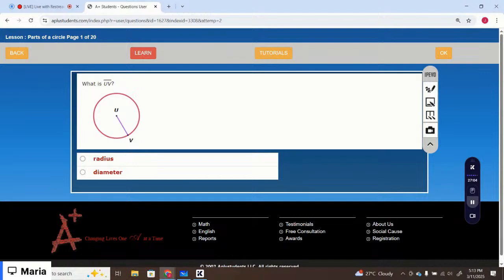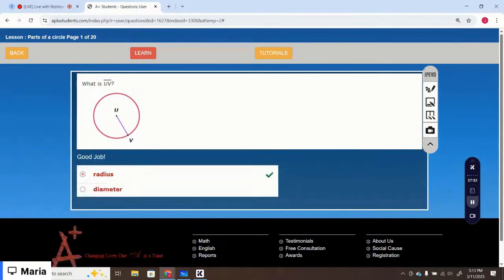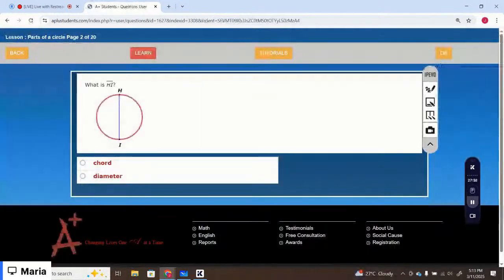What is UV? That is radius. Option number two is the correct option. What is HI?